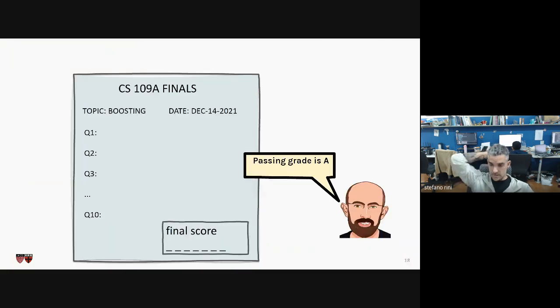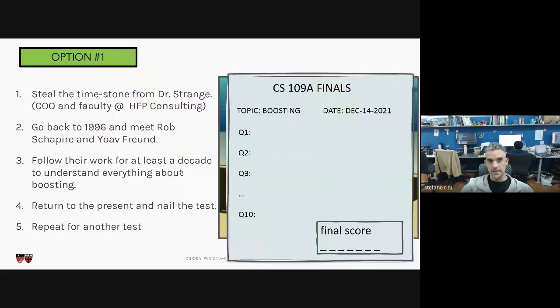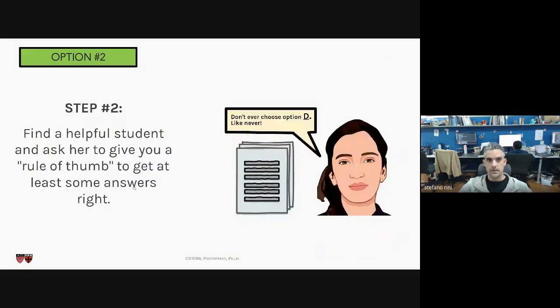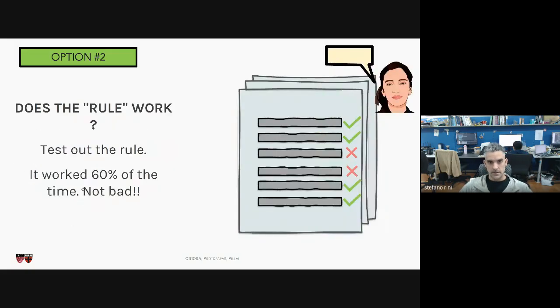So let's say that you have to take the finals, even if we don't do finals. So there is a certain passing grade. So what you can do is go to a library and get the previous years' papers, and then you find the rule of thumb, which is to get at least some of the answers right.